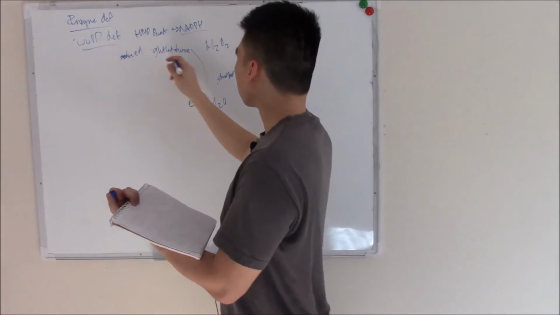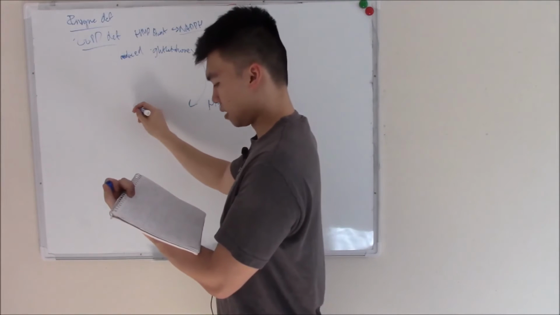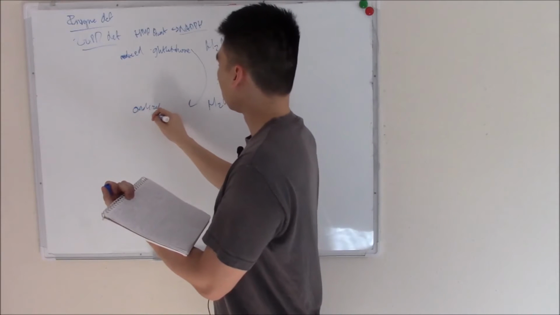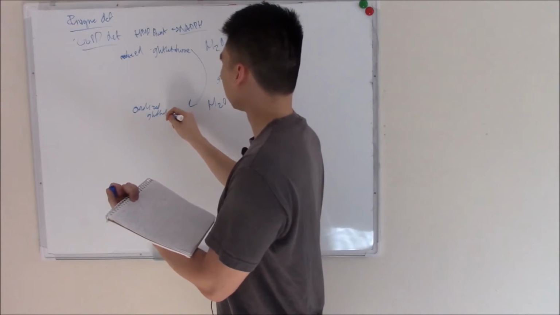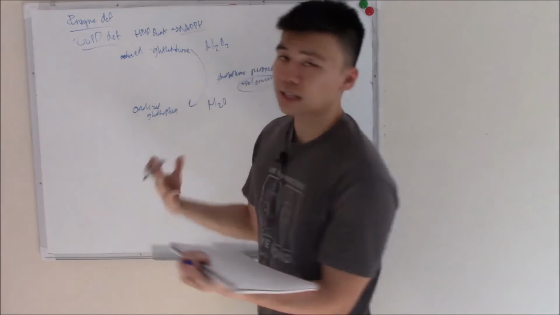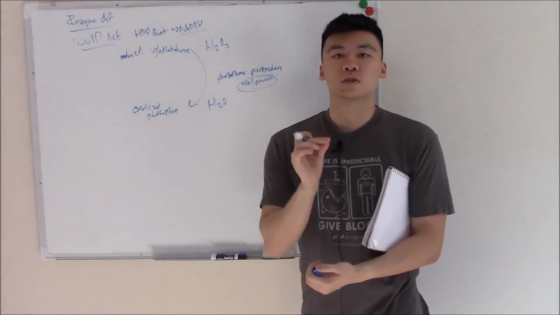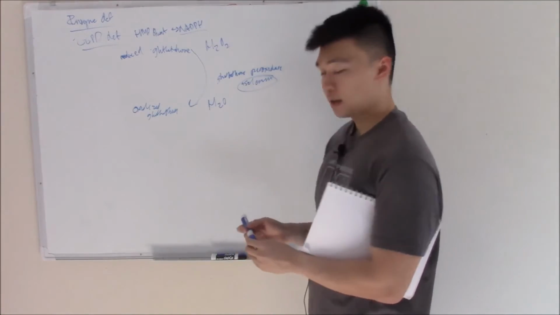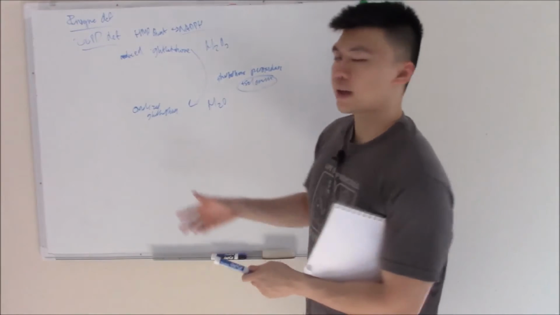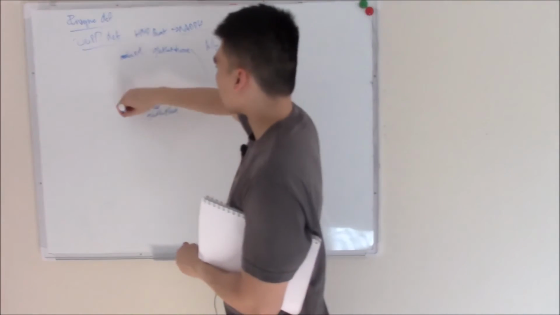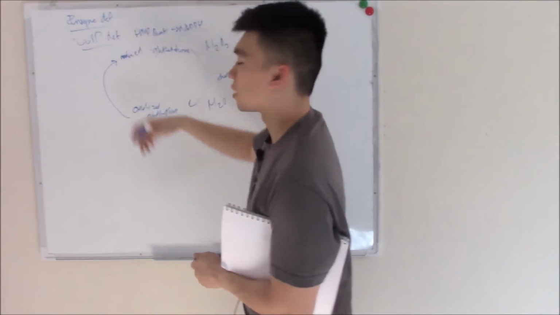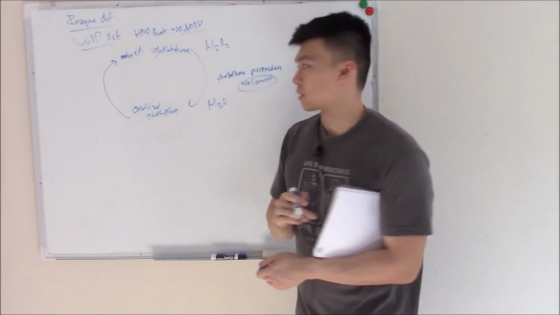And so this reduced glutathione becomes oxidized glutathione. And oxidized glutathione can't neutralize radicals anymore. That's the problem. And so NADPH says, I'll help you out. I'll recycle you back to reduced glutathione so you can go out and neutralize more free radicals.